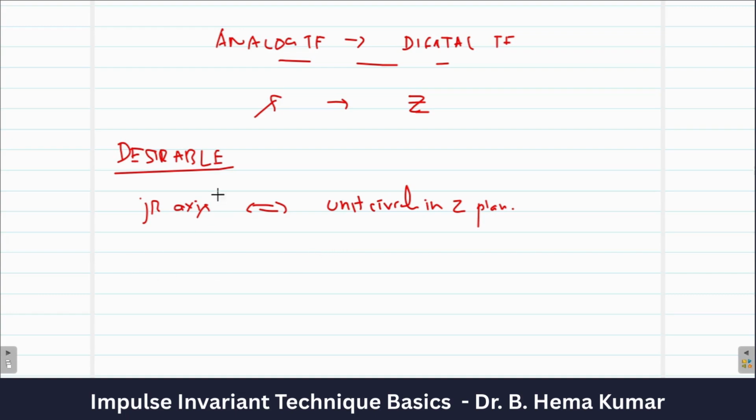Second, in the S domain, whenever poles lie in the left half of the S plane, they are considered stable. Similarly, in the Z domain, whenever the pole magnitude is less than 1, it will be considered stable. So the left hand side of the S plane should map onto the inside of the unit circle.